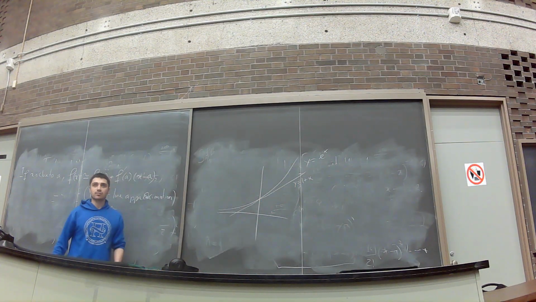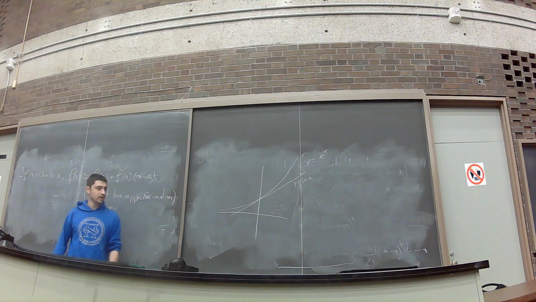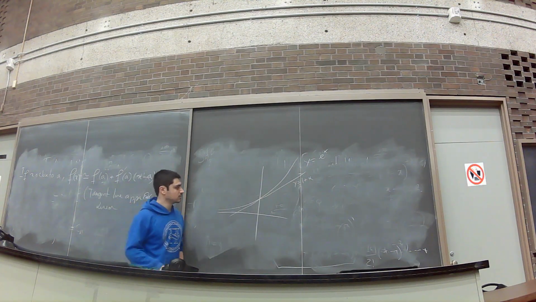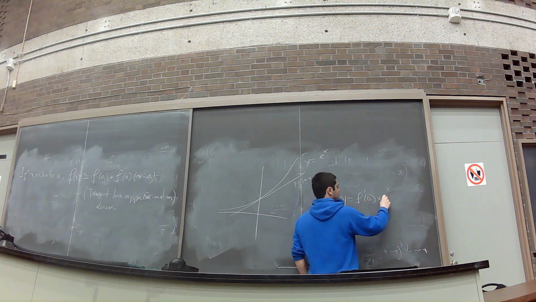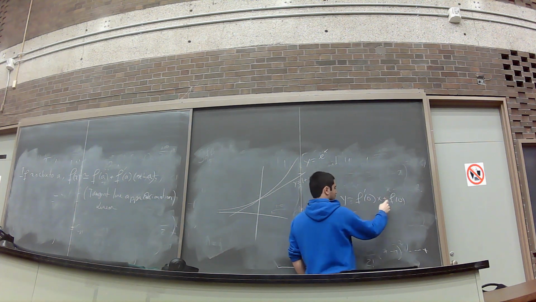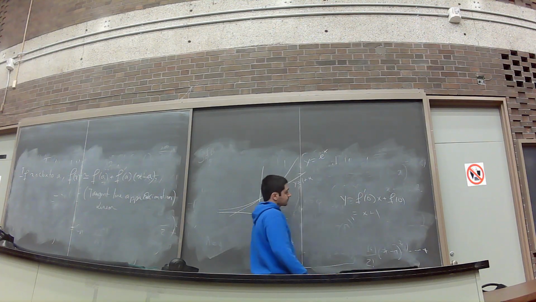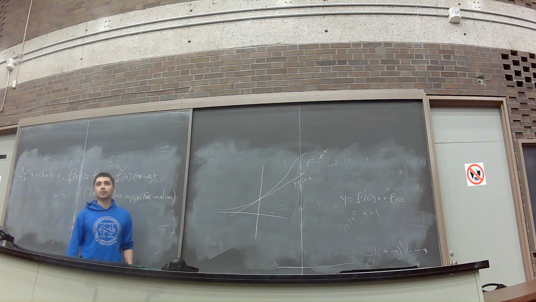This is the tangent line at 0, right? Differentiate e to the x, you get e to the x. f prime of 0 is e to the 0, which is 1, right? So y is equal to f prime of 0 times x plus f of 0, and e to the 0 is 1, which is just x plus 1. Right? This is the tangent line approximation to y equals e to the x.